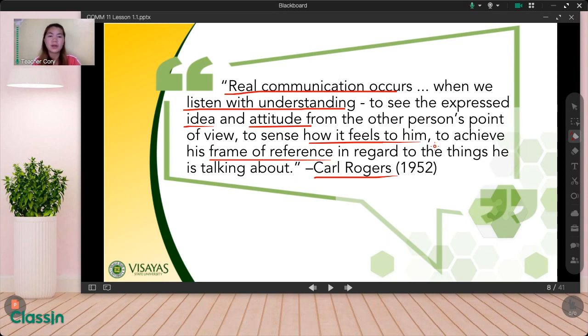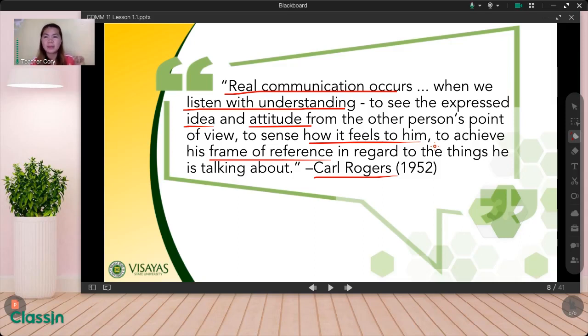So when we are communicating, it's not simply an exchange of messages, like once you have already coded and sent your message, that's enough, and you have already received and decoded the message, and that's it.